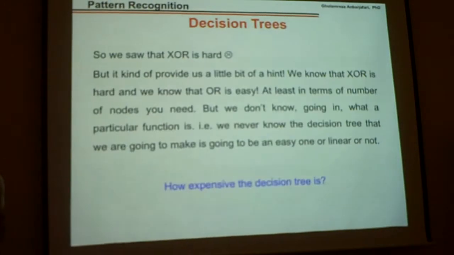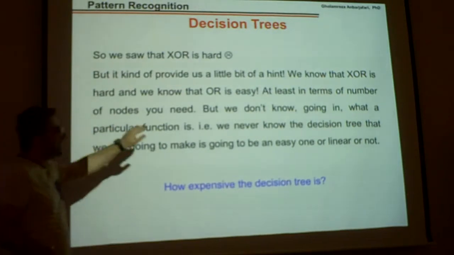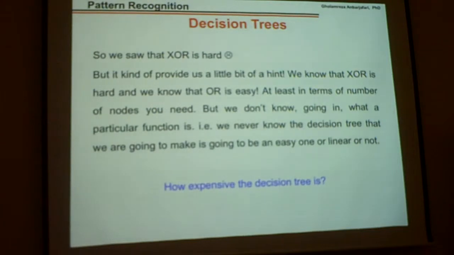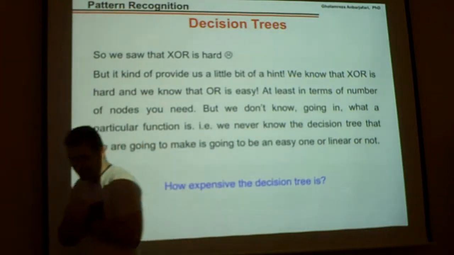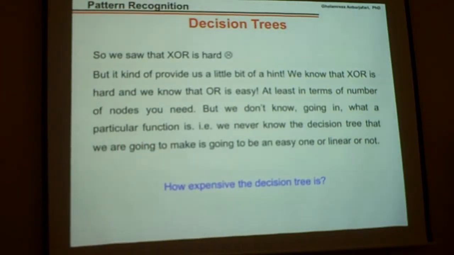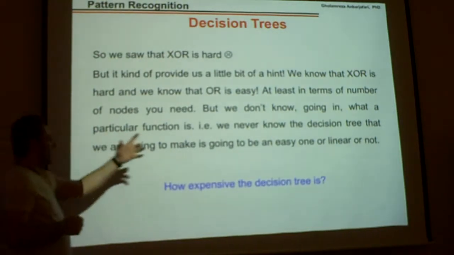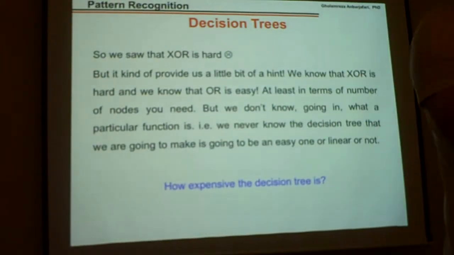Now, we understood XOR was very hard, right? And at the same time, we also understand that OR or AND are pretty easy. So the question is how expensive is this decision tree that we have made? Not all the time are we dealing with an easy situation like OR and AND. We are dealing with XOR and XOR type questions quite frequently. When I am giving you the question, when you are answering the question, we really don't know what the result is.